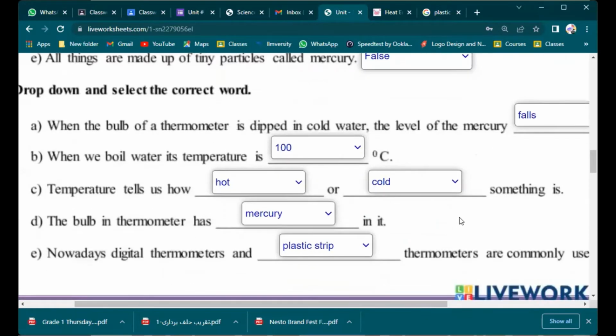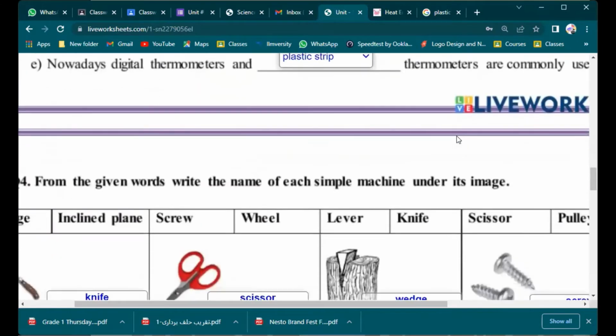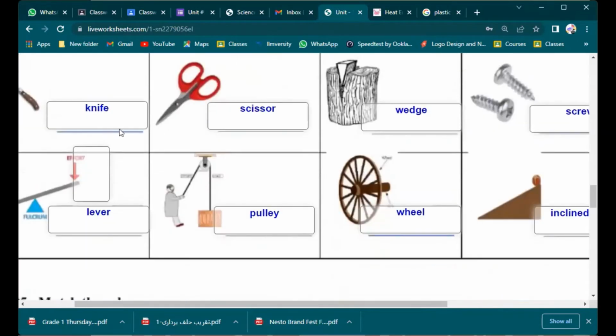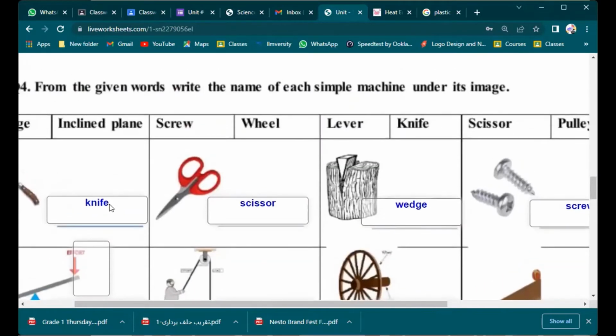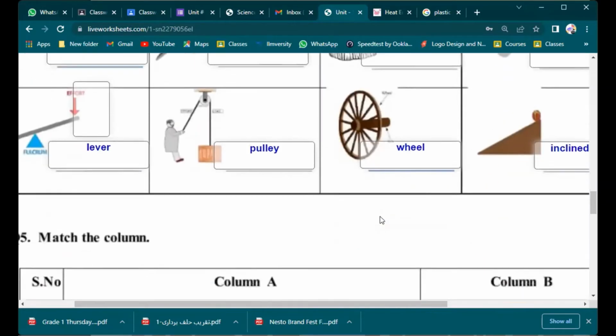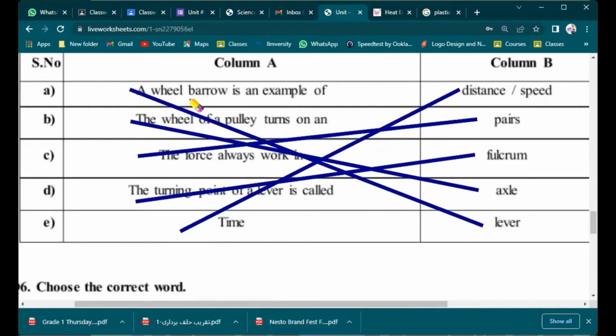Then you have to select the words for the statement. Now, after that, you have to write the name of the simple machines in the boxes. And then after that, you have to match the columns.